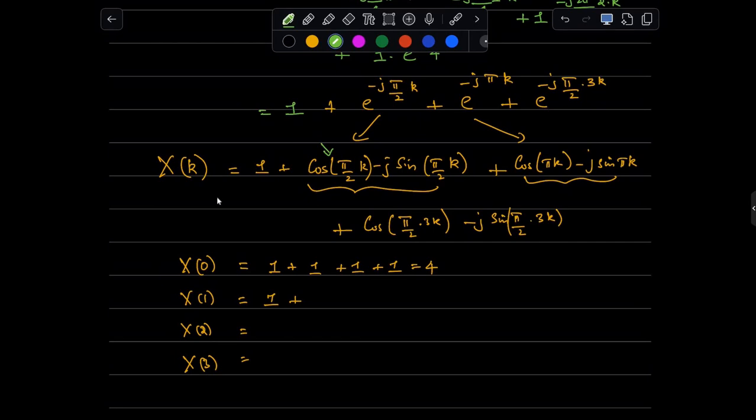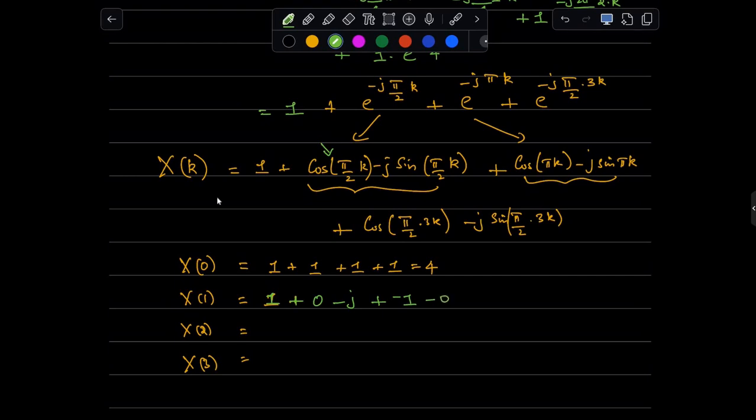So 1 plus cosine of pi by 2, which is 0, minus j times sine of pi by 2, which is 1. Then plus cosine of pi, and cosine of pi is minus 1, minus j sine of pi, and j sine of pi is 0.